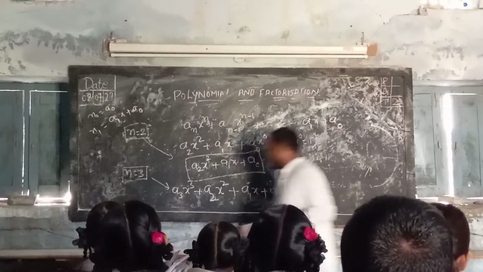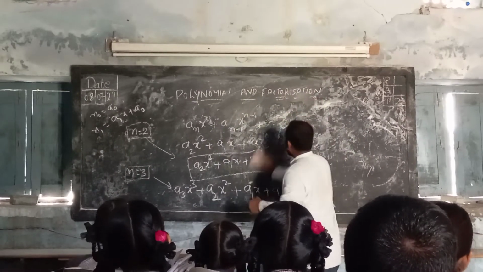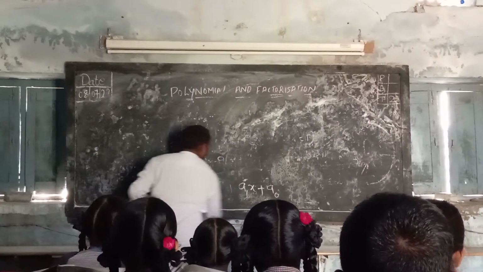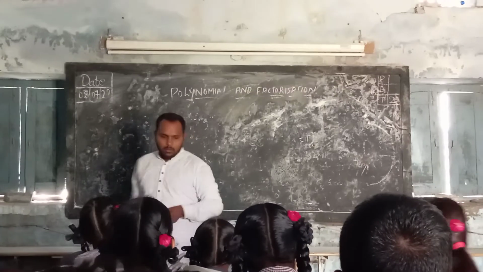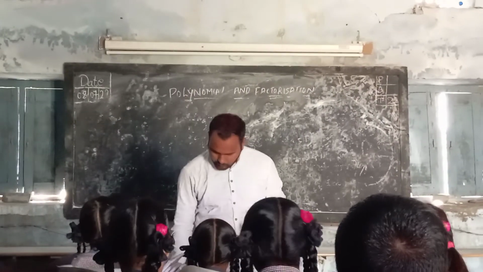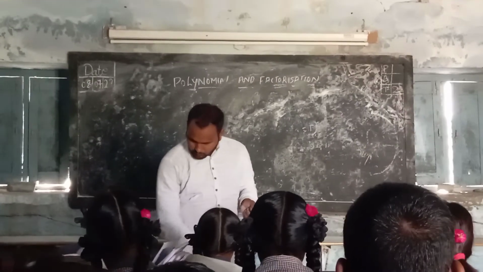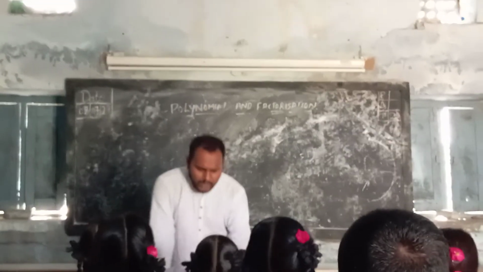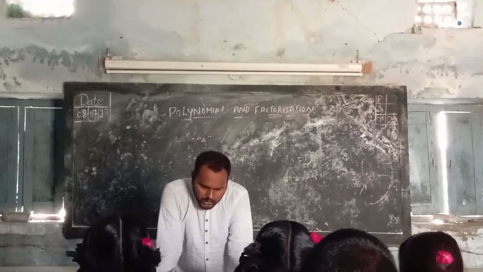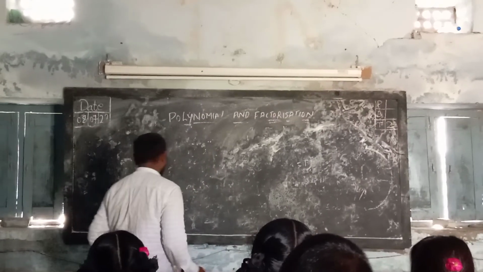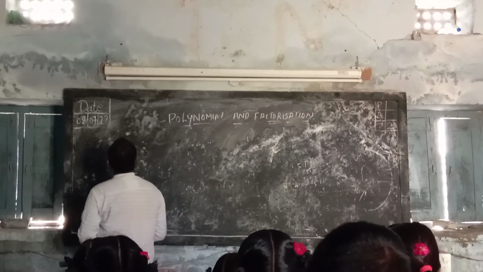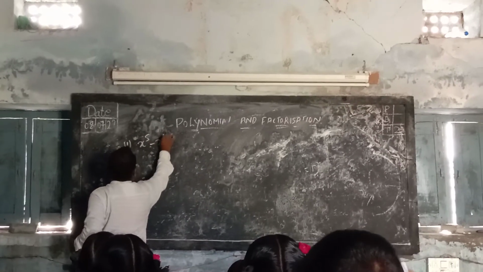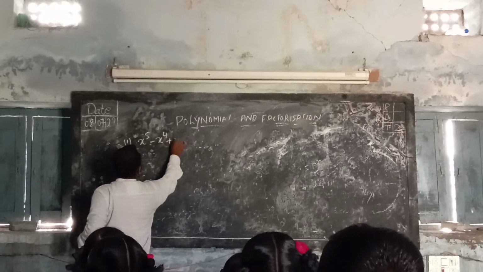Okay? Now see in exercise 2.1, find the degree of each of the polynomials given below. So the first question he has given, very simple, very shortcut: x to the power of 5 minus x to the power of 4 plus 3.